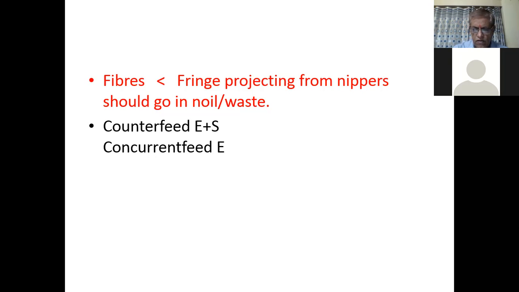Feeding equal to S millimeter per cycle takes place, and E is the distance. In case of concurrent feed, the fringe projecting from the nippers is E. So in both cases, the conditions are different.